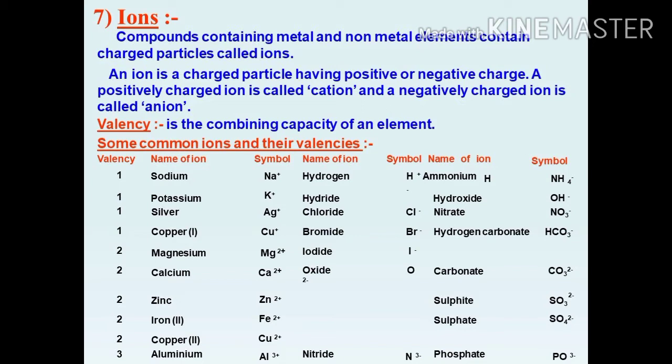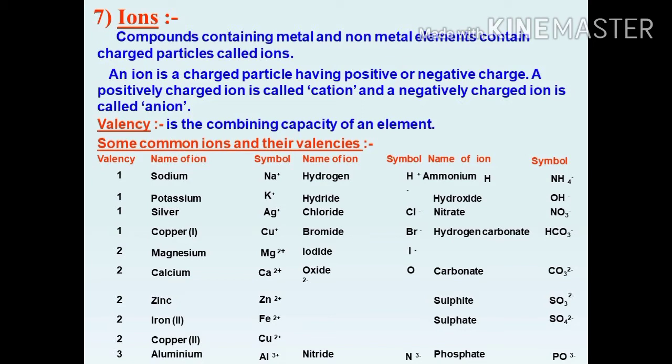What is the meaning of polyatomic ions? A group of atoms carrying a charge is known as polyatomic. The last part is the polyatomic ions. Ammonium, symbol NH4, hydroxide OH, nitrate NO3, hydrogen carbonate HCO3. These are groups of atoms. In ammonium, there is 1 nitrogen and 4 hydrogen.